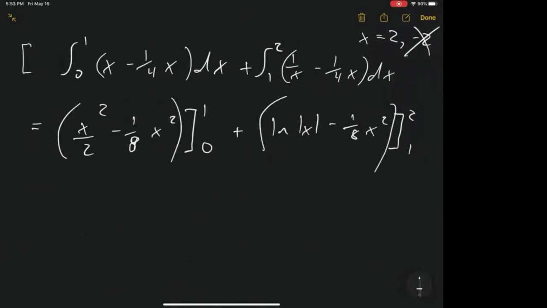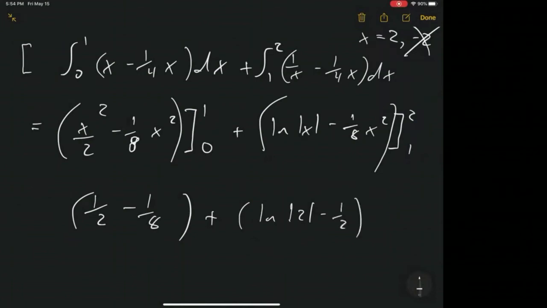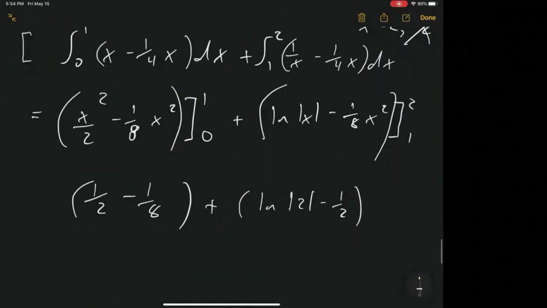Okay, so I should have, let's see, 1/2 minus 1/8 plus, let's see, ln of 2 minus 1/2 minus, let's see, ln of 1 is 0 minus 1/8.